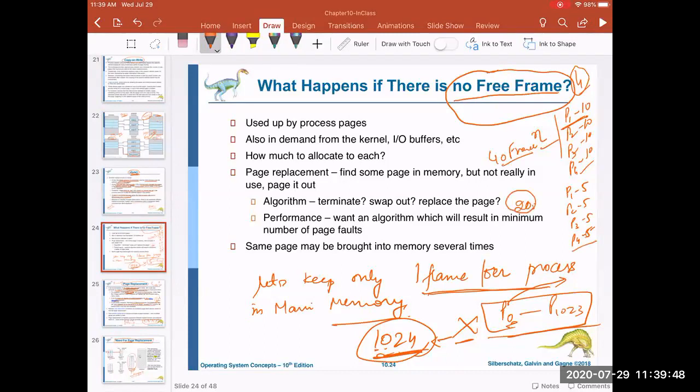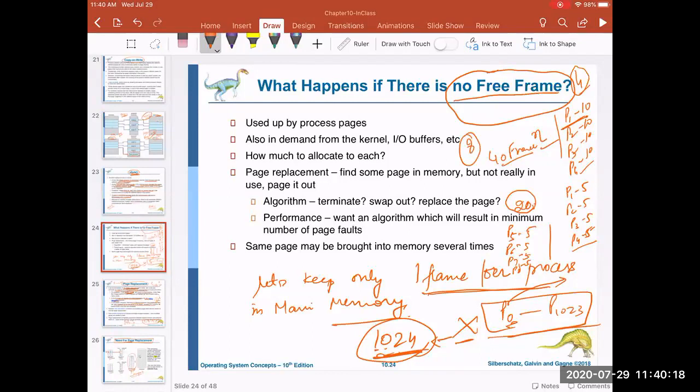So we can add more processes: P5 with 5 pages, P6, P7 and P8, all given 5, 5, 5. So we allocated all 40 frames, each process given 5 frames. Now we have allotted the whole of the RAM to different processes, so our multi-programming factor increased to 8.